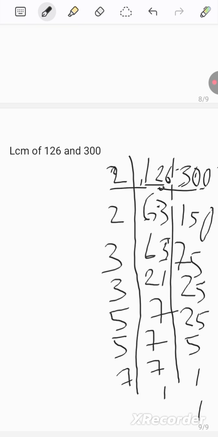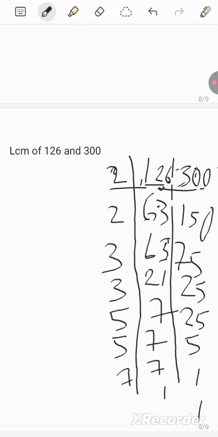Then which other number can go into 63 and 75 without giving us a remainder? The number is 3. 3 in 63 is 21, 3 in 75 is 25, then 3 can still go again. 3 in 21 is 7, 3 in 25 would give us a remainder, so leave it like that. Bring down the 25. Now we look for the next number.